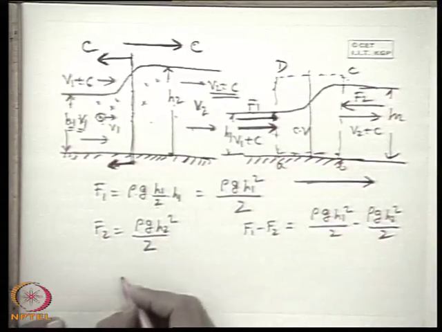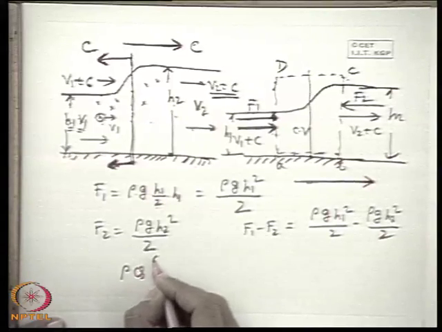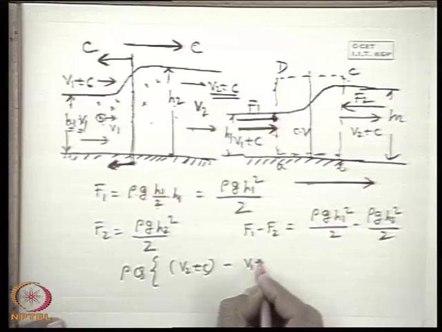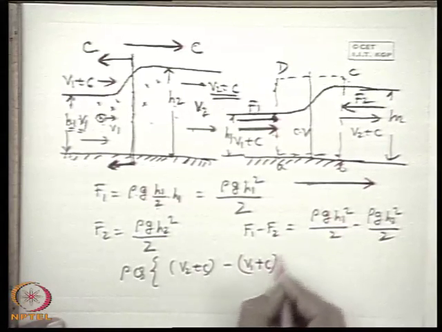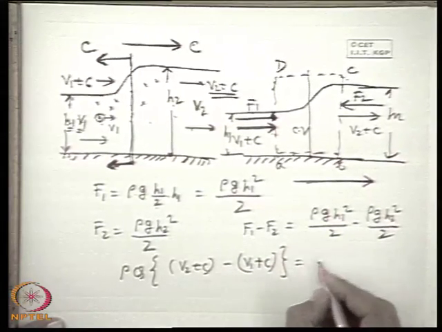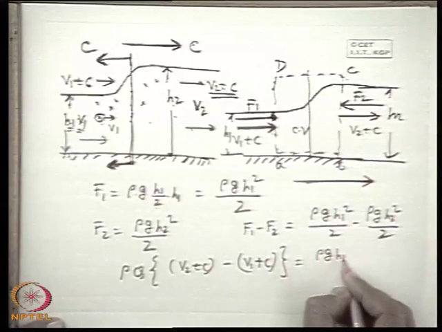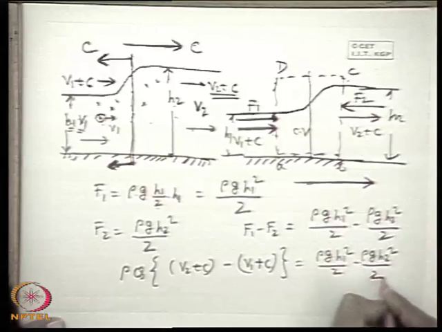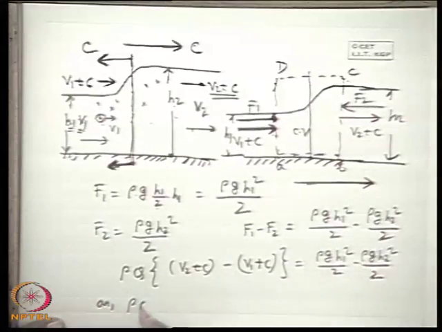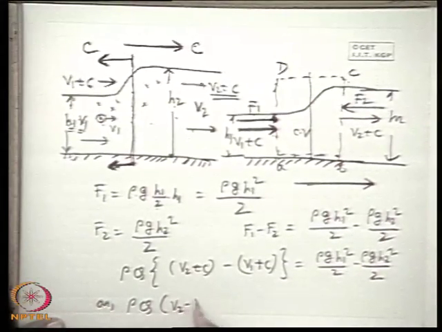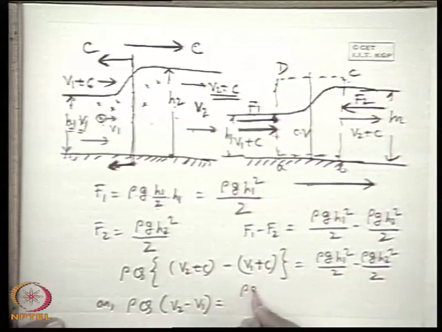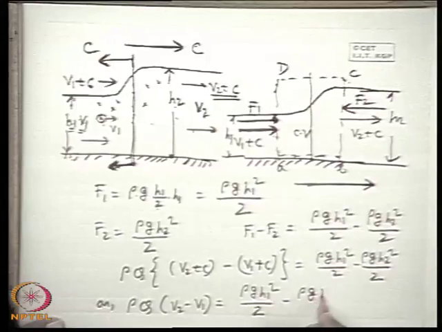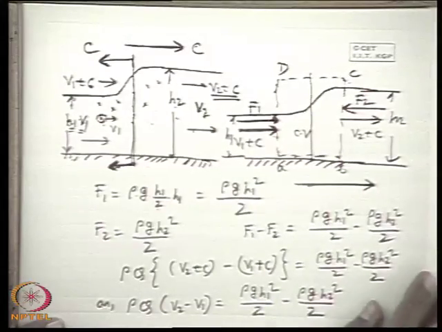It is mass, that is rho Q, into the change of velocity, that is V2 plus C minus V1 plus C, and that must be equal, according to the momentum theorem, to the net force. Or we can write rho Q (V2 minus V1) is equal to rho g h1 square by 2 minus rho g h2 square by 2. All right.